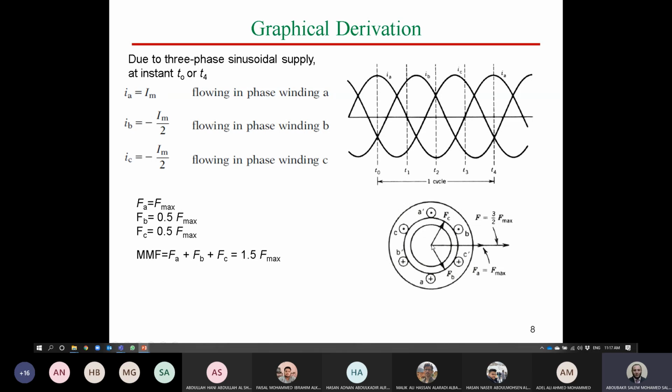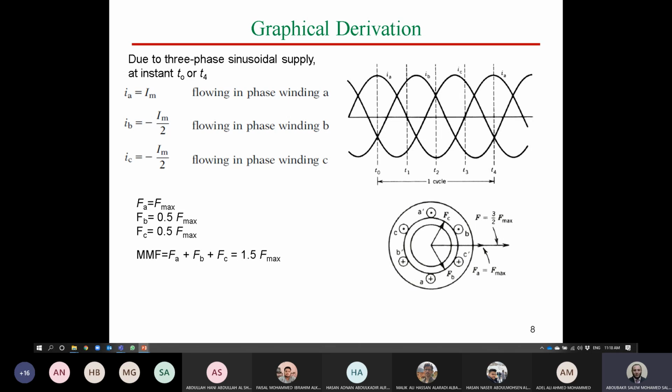B is at angle, for instance, 120, so it will be minus 60 now. And FC, at angle minus 120, will be plus 60. When you sum the three vectors, it will be a vector in this direction, which is nothing but 3/2 F max, the same as what we got in the analytical form.